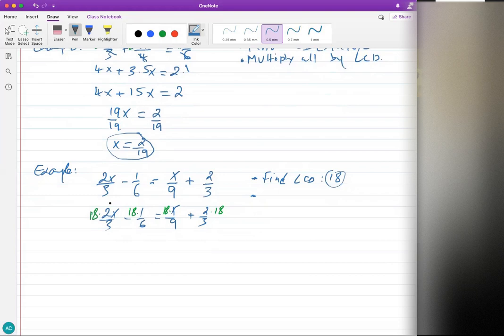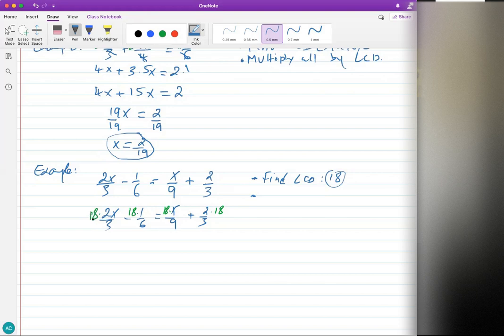Okay, what happens to the first one here? What do you get? 32x over 18. 32x, you said? Yeah. Why do you say so?